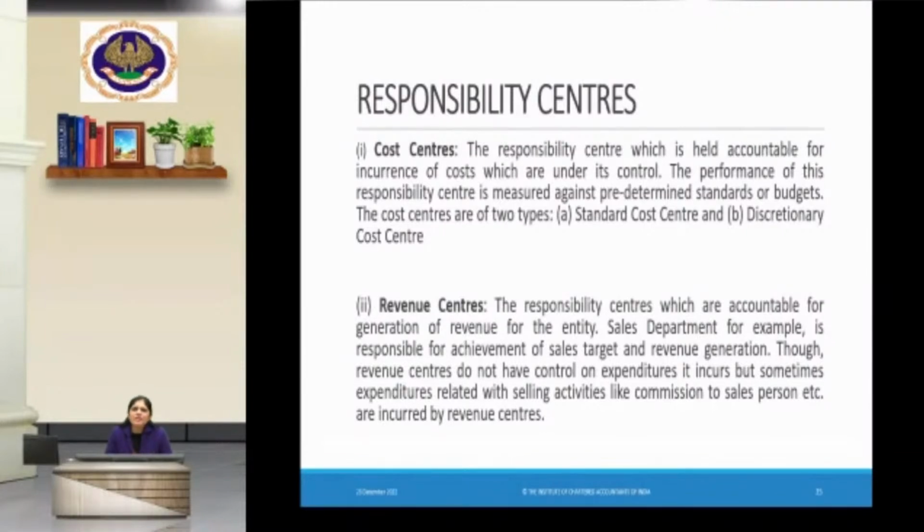In a discretionary cost center, we cannot measure the cause and effect relationship. We cannot measure the input against the output. In a standard cost center, we can measure the input with the output, but in a discretionary cost center, we cannot. The best examples of discretionary cost centers could be research and development or advertisements. Let us say the management says 5 lakh will be spent on advertisement. Can you measure how much that 5 lakh has actually increased the output of that company?